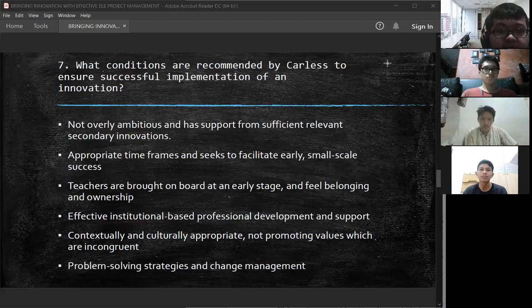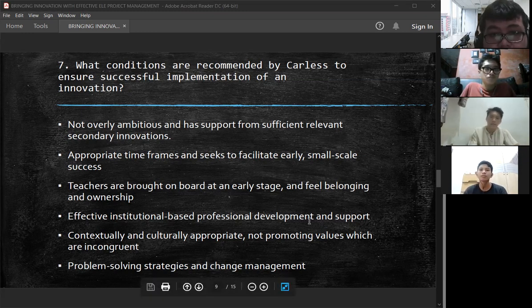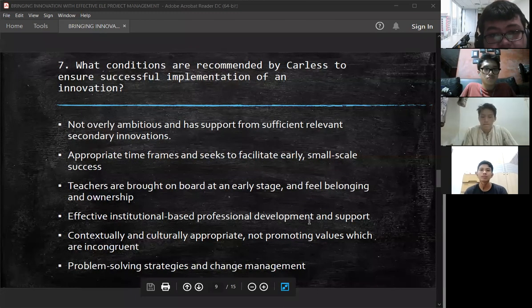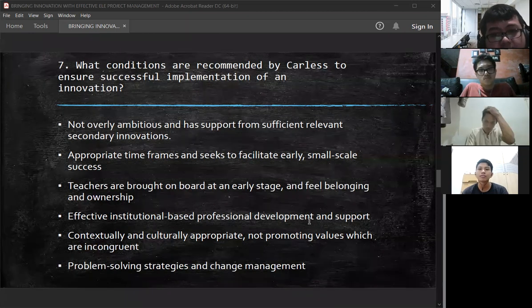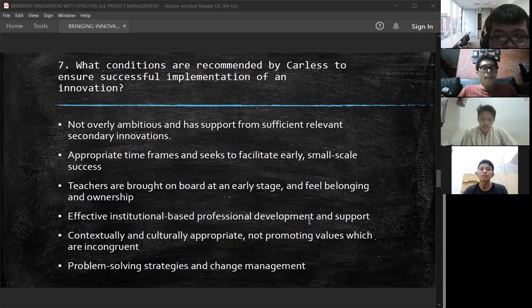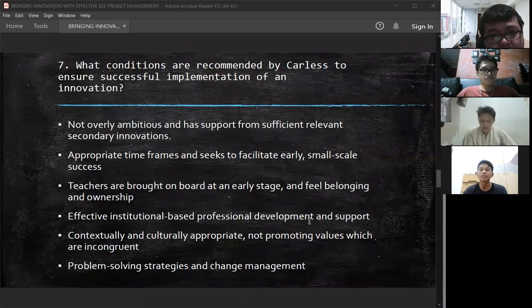The next question is what conditions are recommended by Carless to ensure successful implementation of an innovation? So, in view of multiple challenges facing the implementation of innovation, it is worth considering under what circumstances they are prospected for success. The following conditions act as facilitating factors.